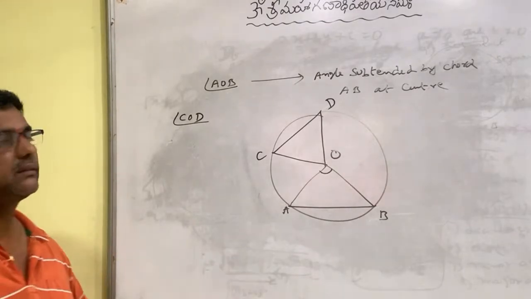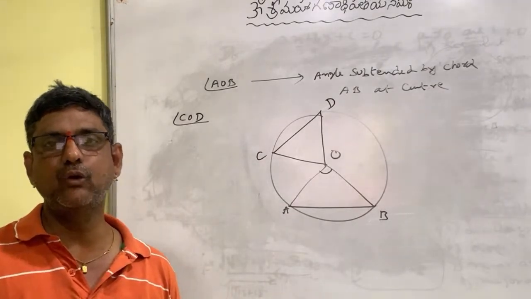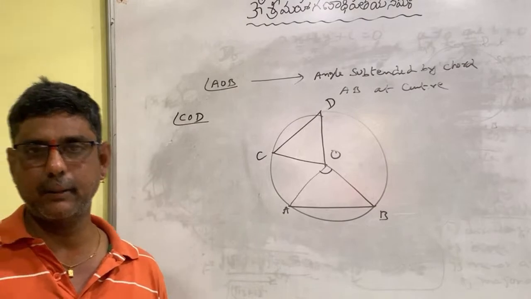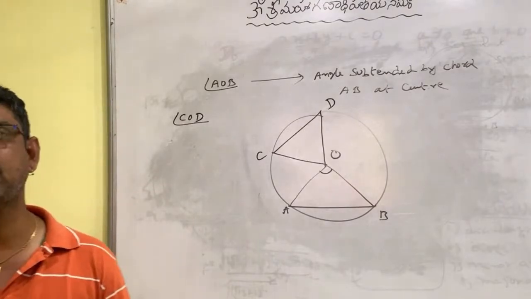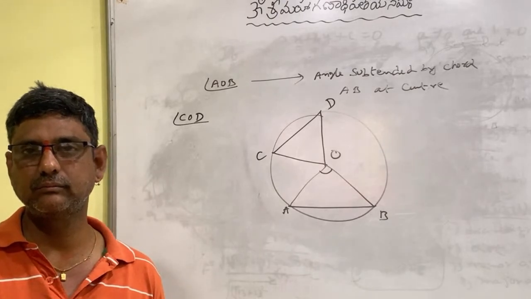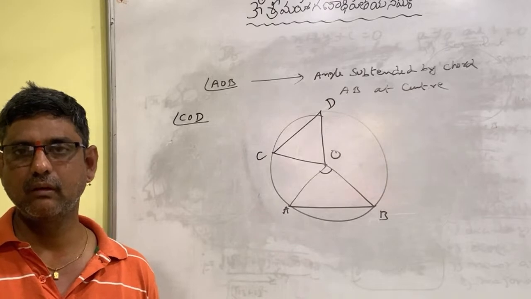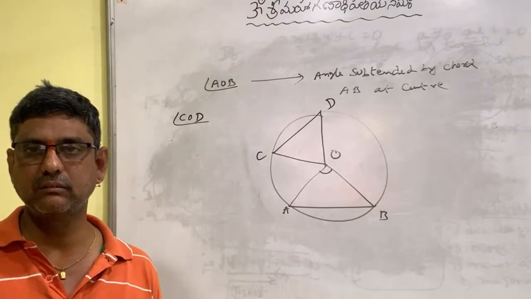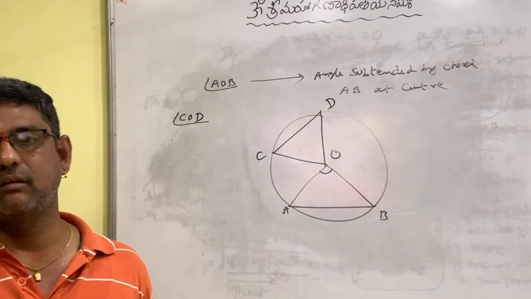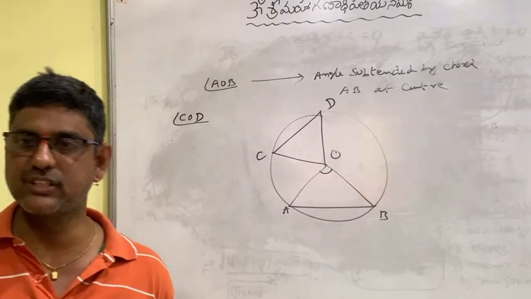Now, with your observation, children, which chord is greater here? AB is greater than CD.